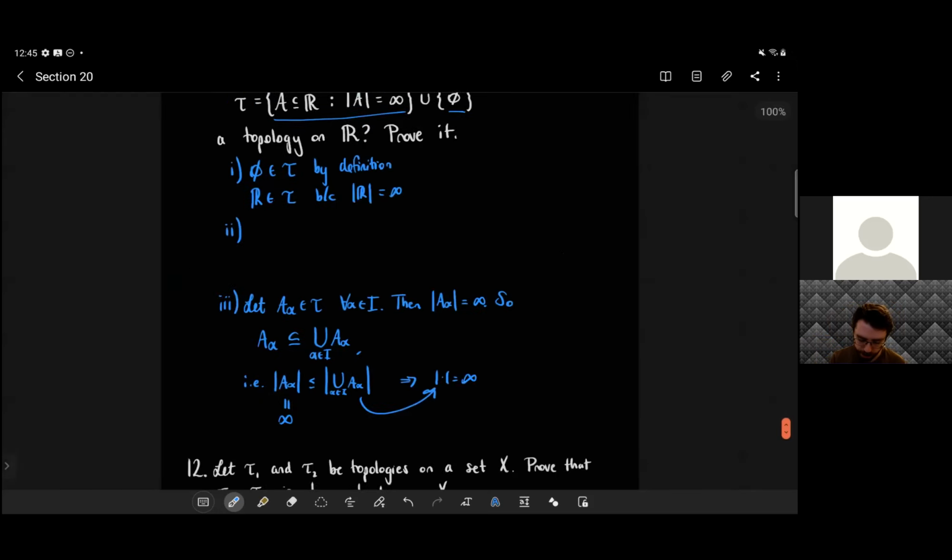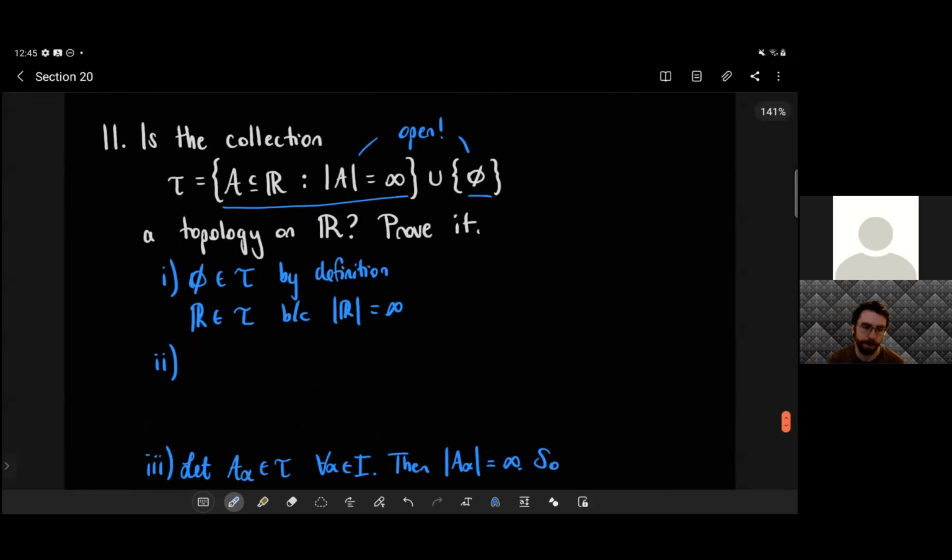How about intersections then? If I take a finite intersection of infinite sets, do I get an infinite set? Think about that for a minute. Maybe you'll come up with the example A equals the negative numbers and 0, B equals the positive numbers and 0.